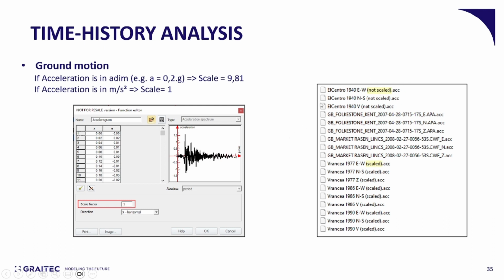The non-scaled ones are the ones that are described as a proportion of the gravity acceleration, g. So in this case, when using a non-scaled accelerogram, the scale factor needs to be the g, 9.81. If using a scaled one, this has already been scaled, so the scale factor needs to be 1.